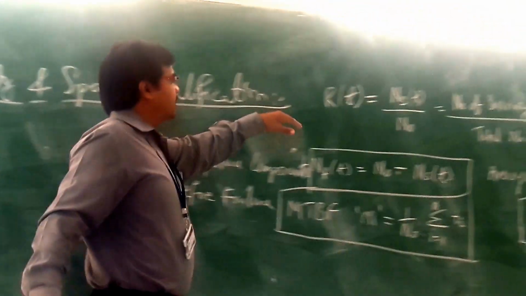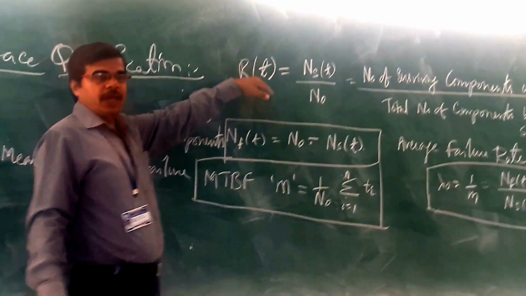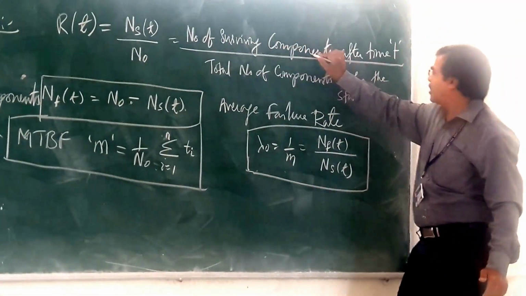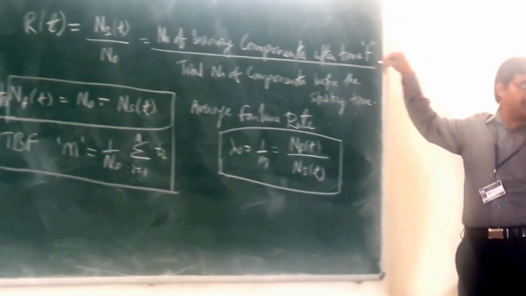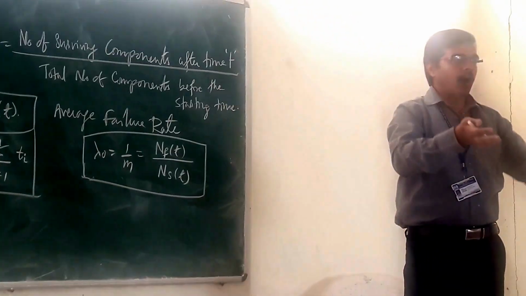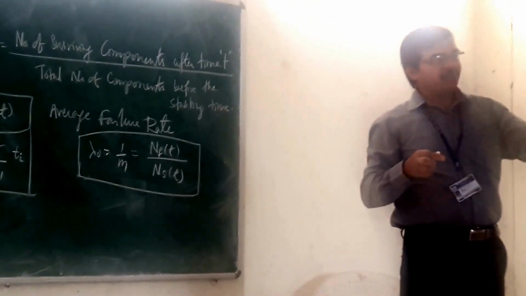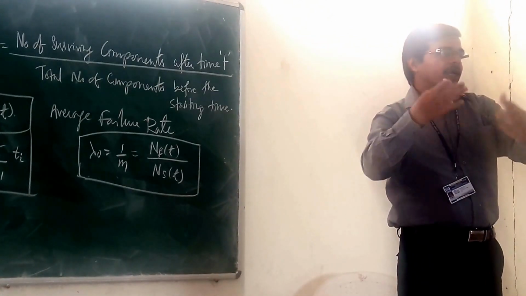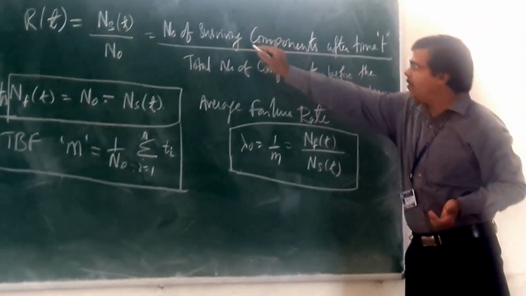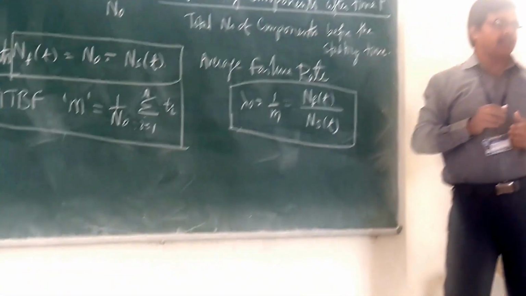So what is reliability mathematically? Reliability is the ratio of the number of surviving components after time t. So what we have done: you have the sub block, we have given the electric power, and now that sub block is working. After some time, how many surviving components are there?